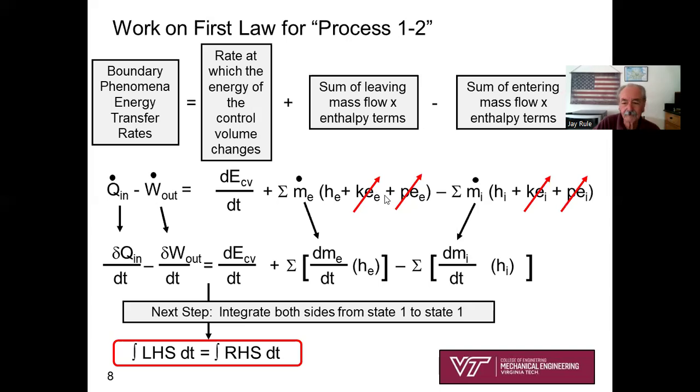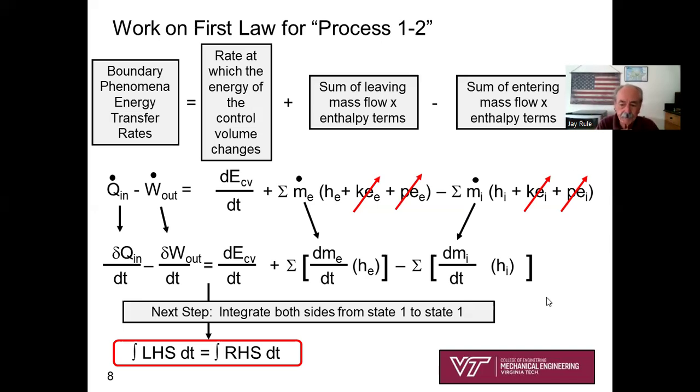Oh, and at least let's strike out the kinetic and potential energy terms for the piston and cylinder that's sitting on a desktop, right? So it's not flying through the air. It's not going up or down during this process 1 to 2. So let's just strike those out. Okay, so we're only dealing with this enthalpy term that's leaving and this enthalpy term that's entering tied to the m dots.